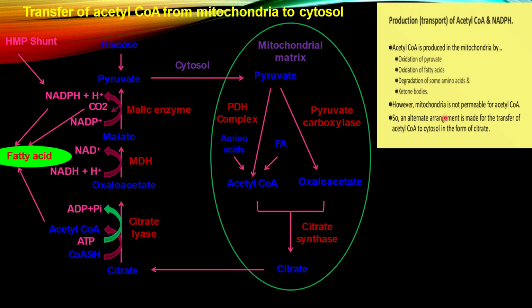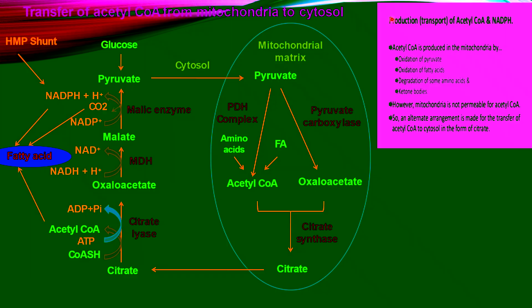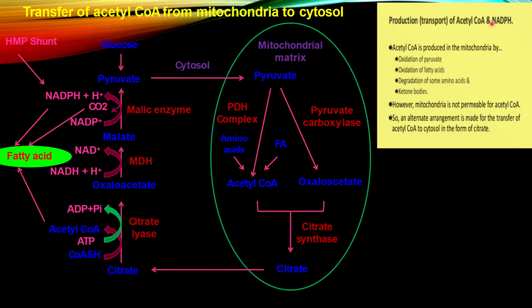However, mitochondria is not permeable to acetyl coenzyme A, so alternate arrangements are made for the transfer of acetyl coenzyme A to cytosol in the form of citrate. These are the summary points about how these raw materials, acetyl coenzyme A and NADPH, are available in the cytoplasm for synthesis of fatty acids.